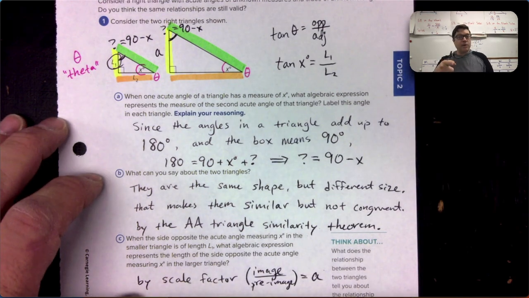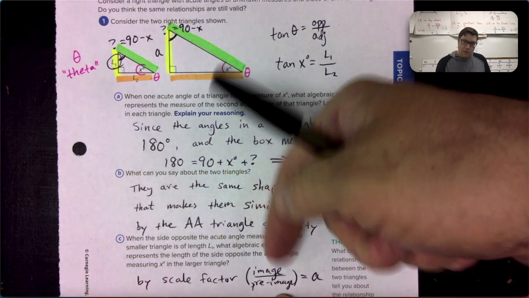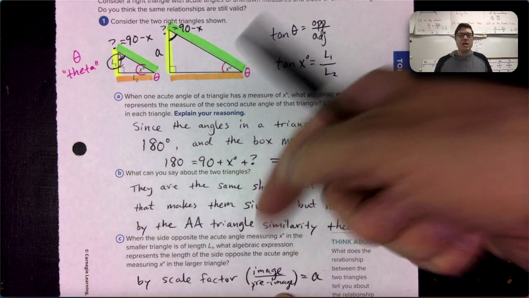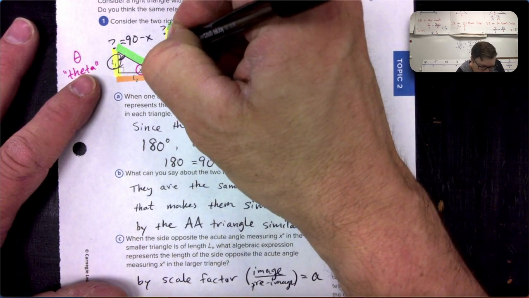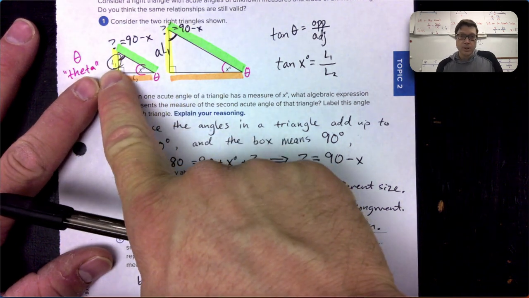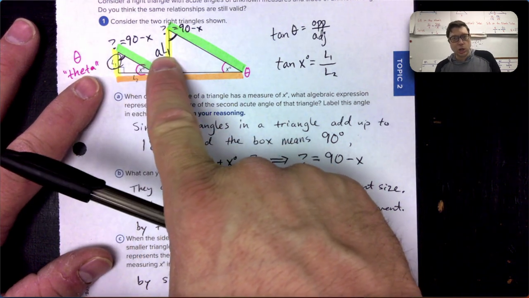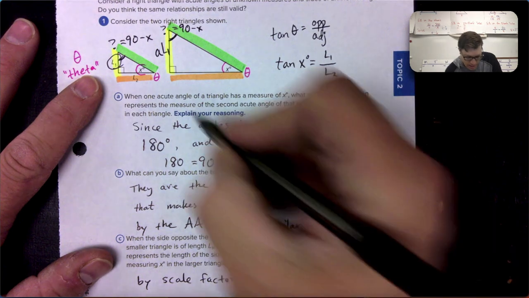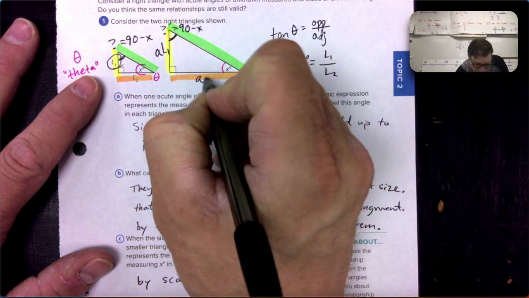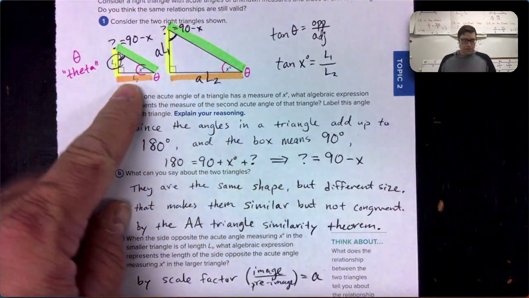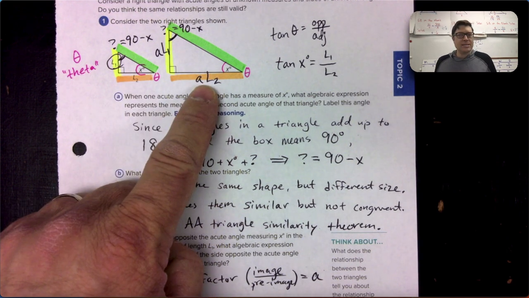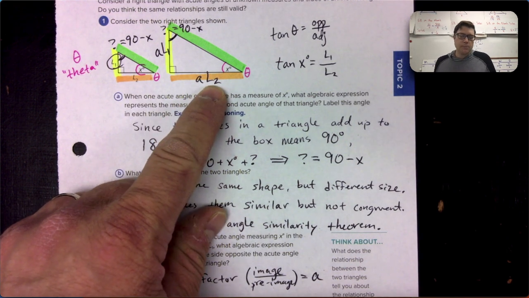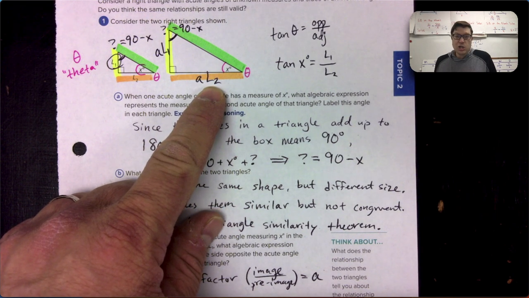But if I did have numbers, I would do this formula down here, image divided by pre-image, and I could figure out what the scale factor was. I multiply the side here by A, and I get the long side of the triangle. I can do the same thing for L2, A times L2. Because if I know the second side length, and I have my scale factor of A, then I multiply L2 by A, and I get the new side length.